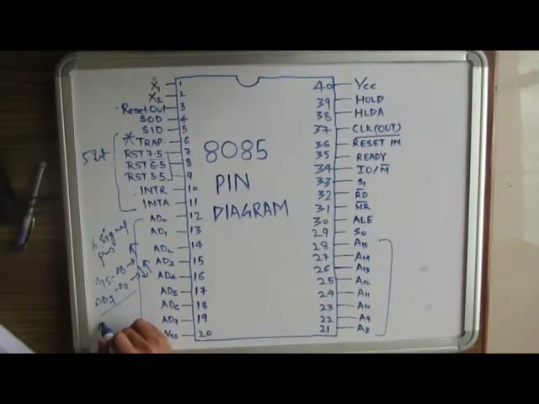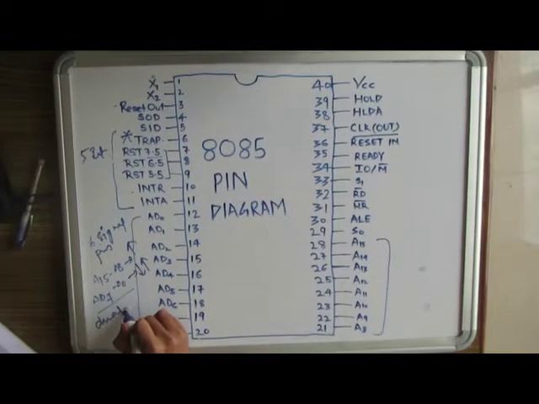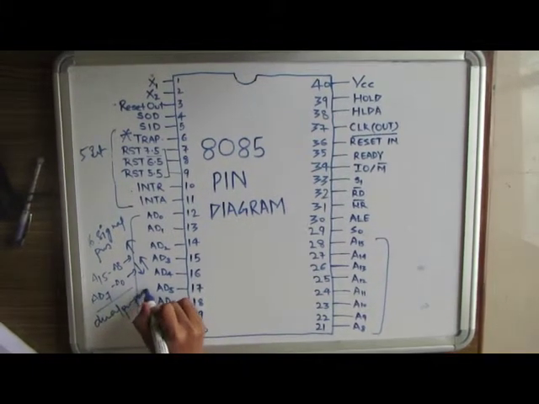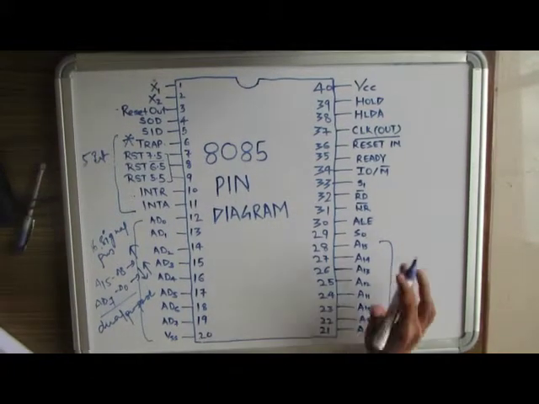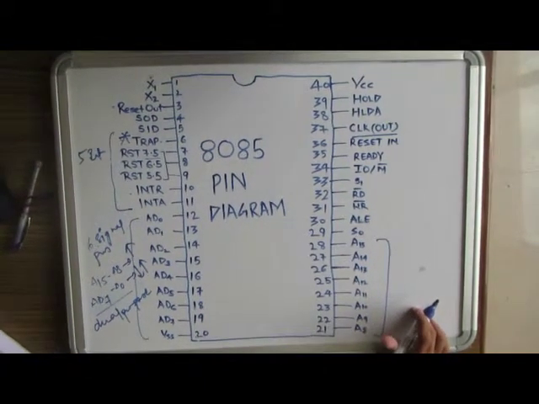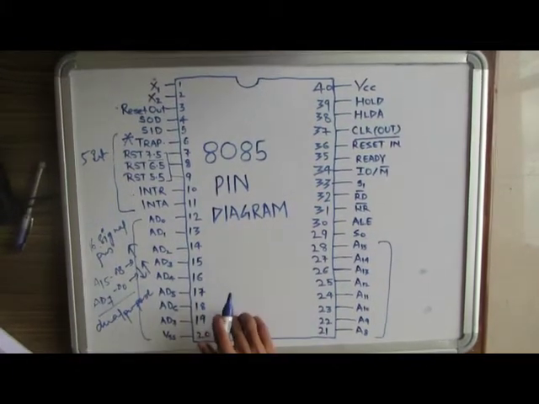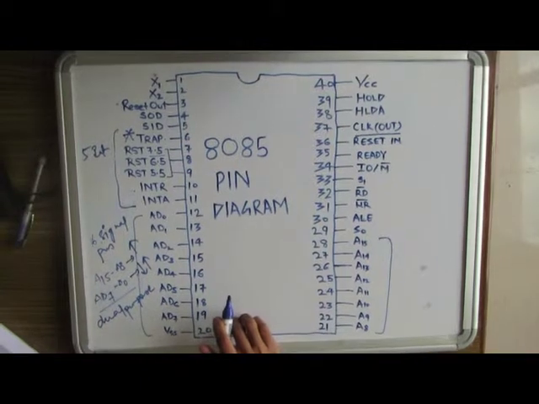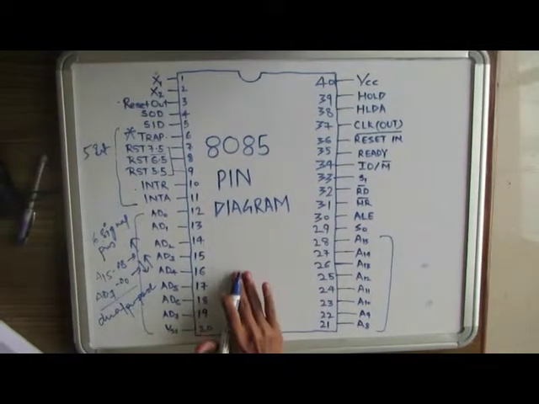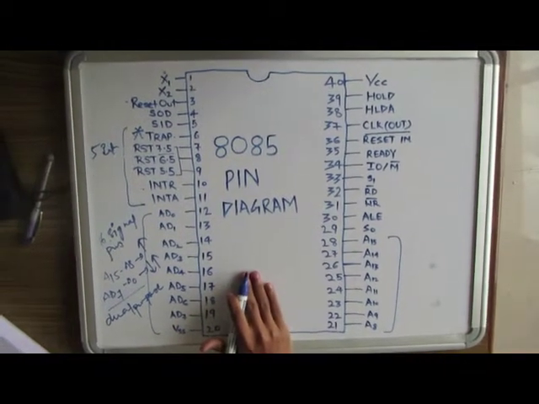These serve a dual purpose. For the earlier part of the cycle, these lines are used as the low order address bus. During the later part of the cycle, these lines are used as the data bus.